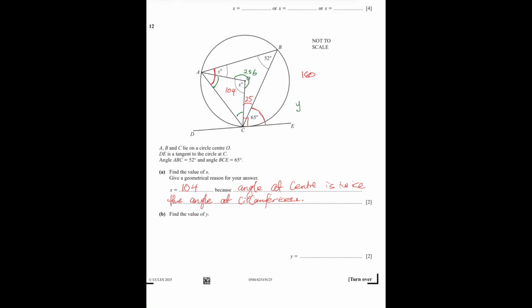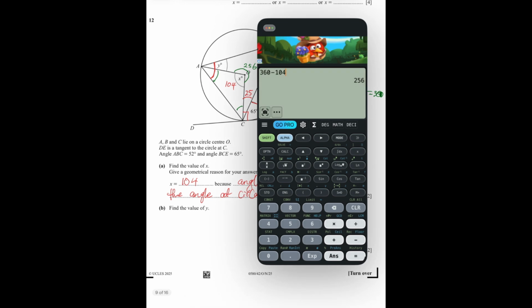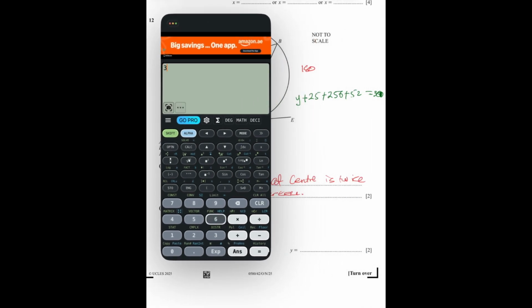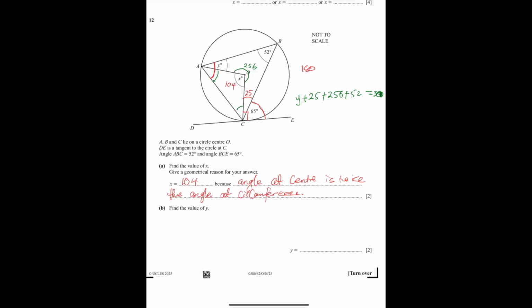So y plus 25 plus 256 plus 52 is equal to 360, a 4-sided shape. So I'll just press the calculator. So 360 minus 256 minus 52 minus 25. So y is 27.